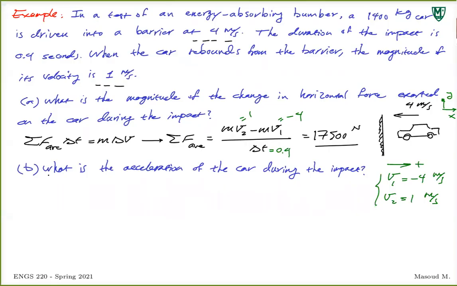Well, what was acceleration? Acceleration was, by definition, the change of velocity over time. Well, we know the change in velocity, right? It's 1 minus 4 divided by time 0.4. It's pretty much it. This should be 0.4. Right? How much does that become?